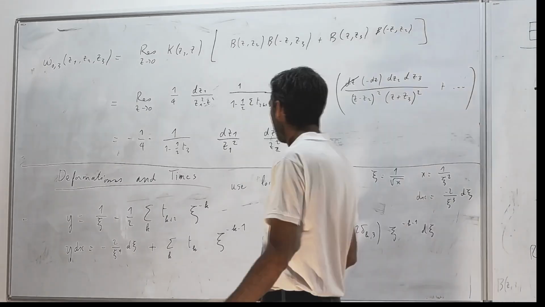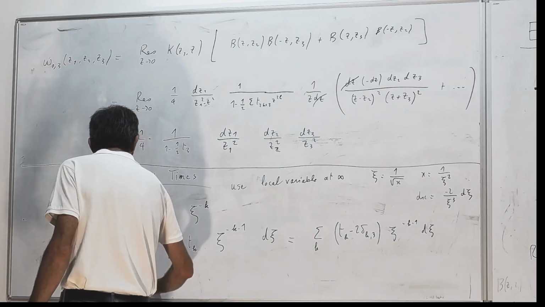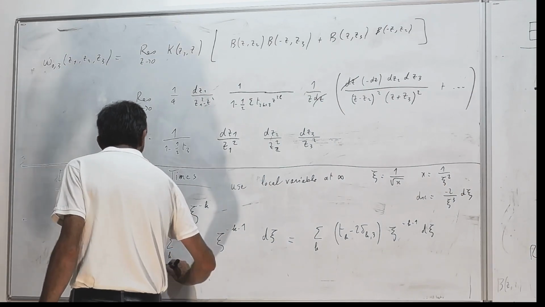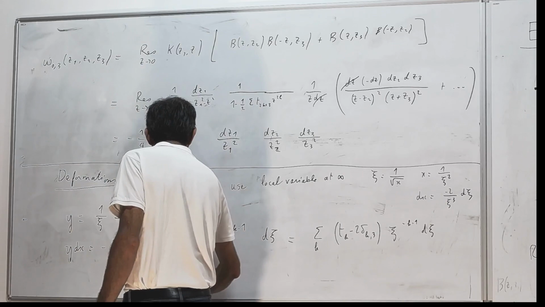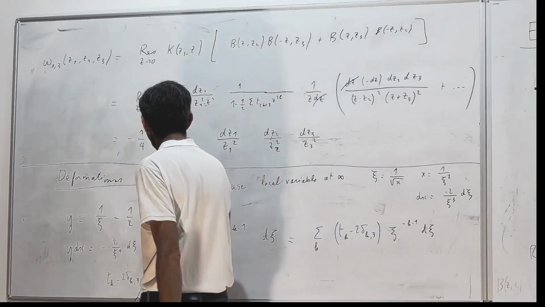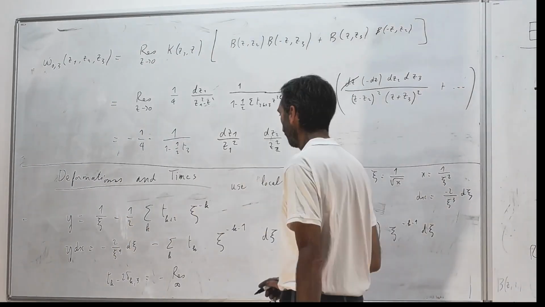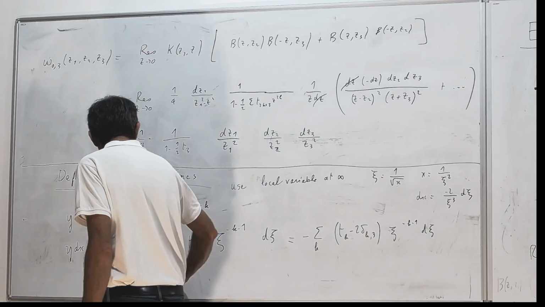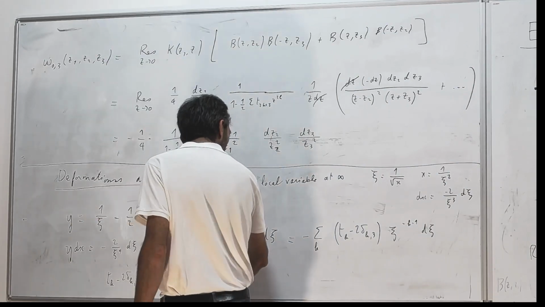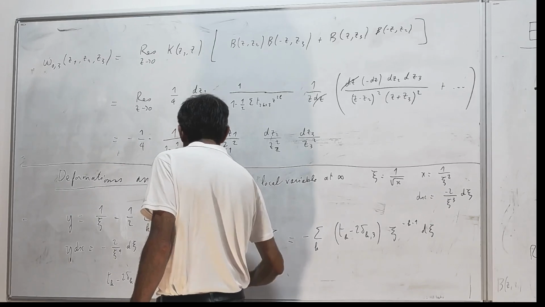You see that t_k minus 2 delta_{k,3} is the residue minus residue at infinity. Sorry, I changed the sign. Minus. So then there is a plus residue at infinity of xi to the k y dx.